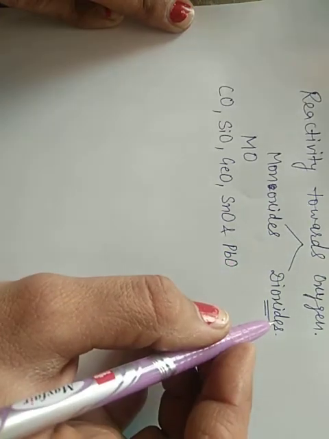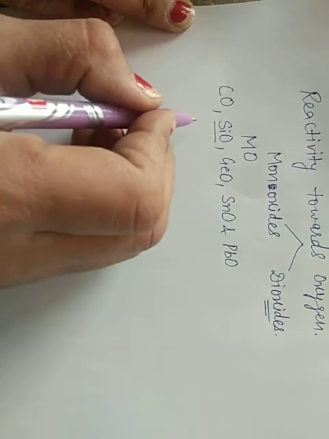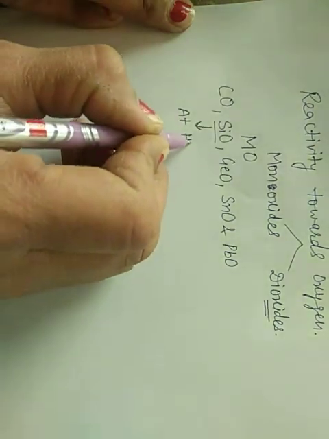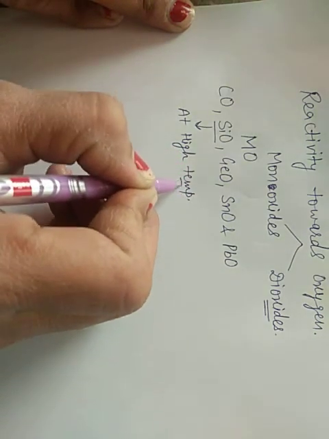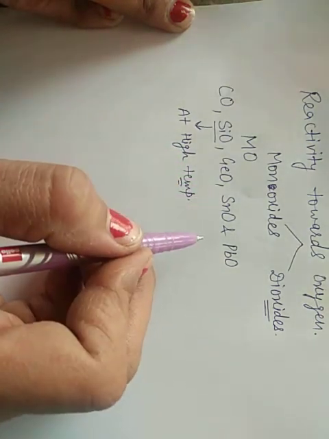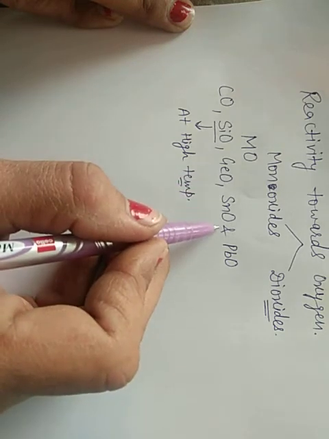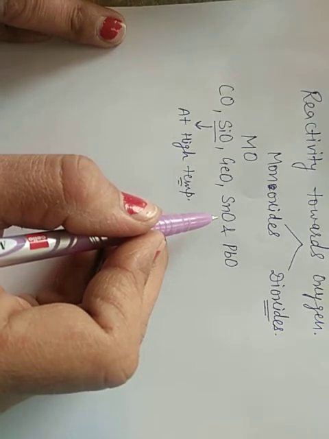But in case of SiO, it exists only at high temperature. Oxides in higher oxidation state of the elements are more stable as compared to lower oxidation states. ठीक है.